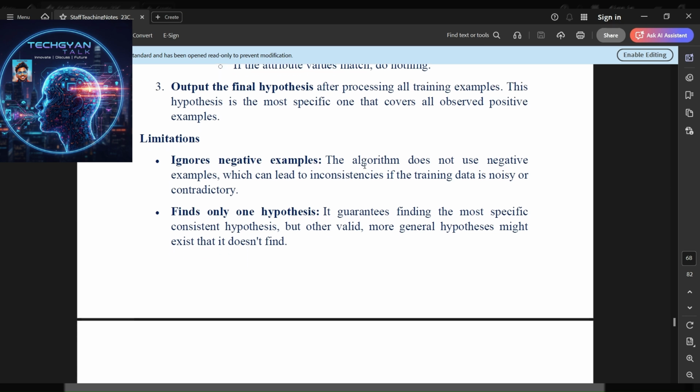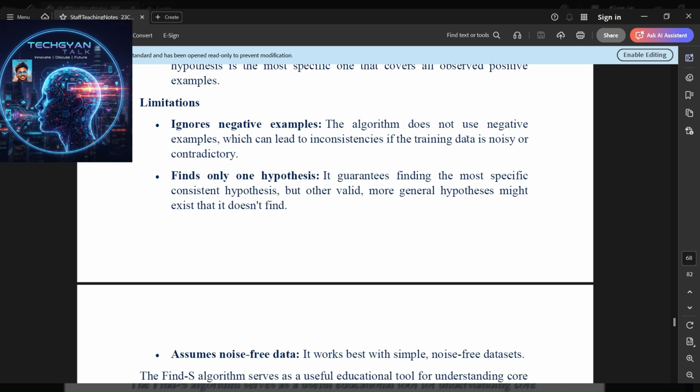Again, limitations. It ignores negative examples. The algorithm does not use negative examples, which can lead to inconsistencies if the training data is noisy or contradictory. It finds only one hypothesis: it guarantees finding the most specific consistent hypothesis, but a more general hypothesis might exist that it doesn't find.